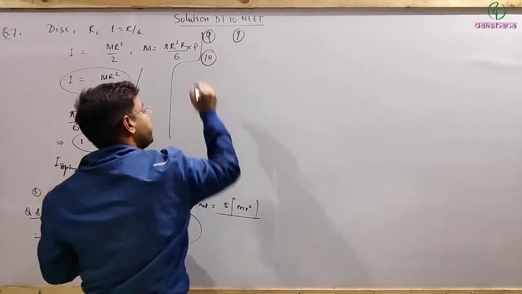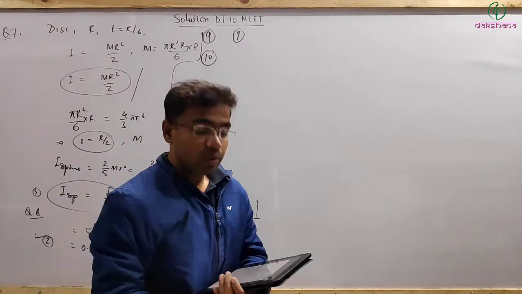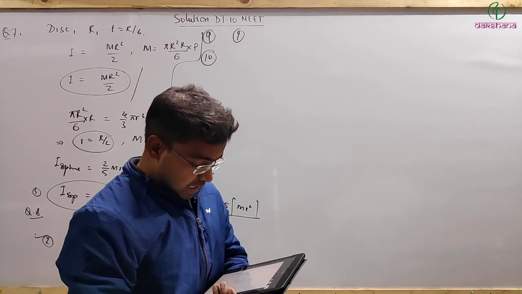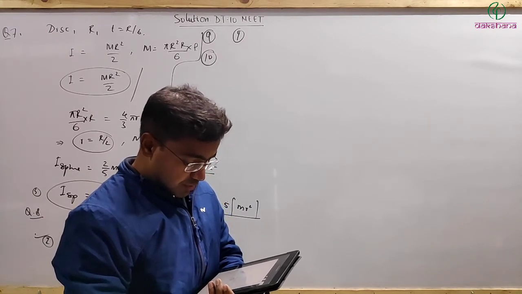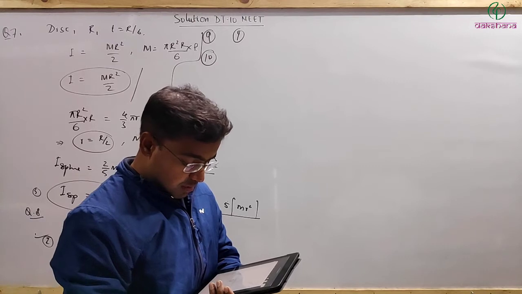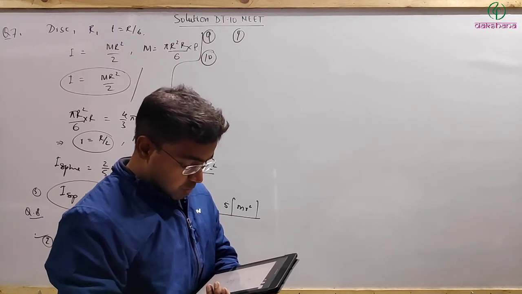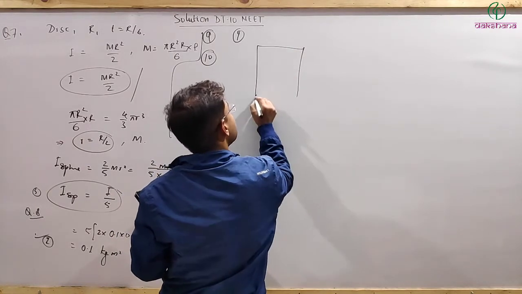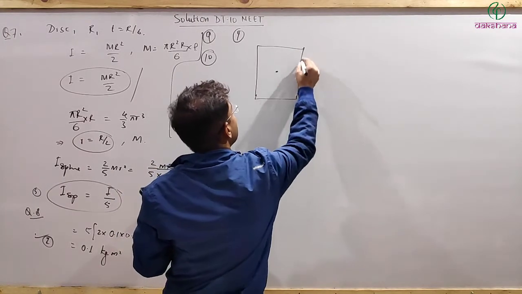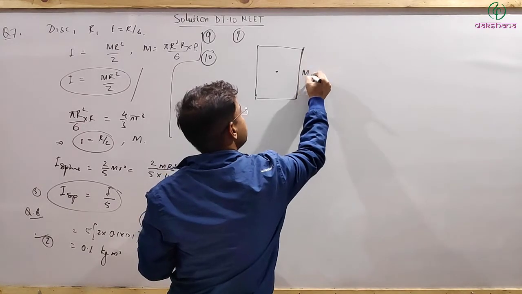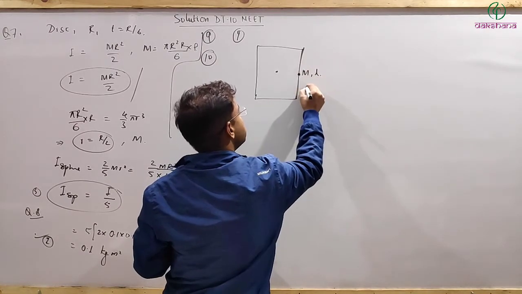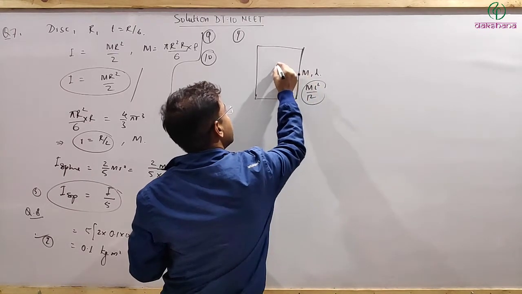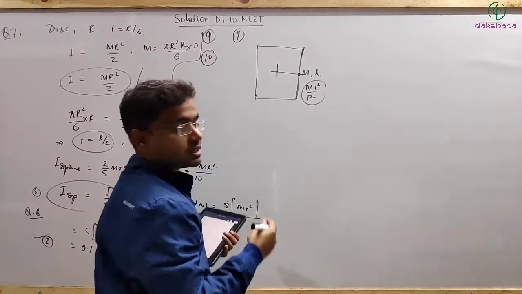Question number 10. 4 thin rods of same mass m and length L form a square as shown in the figure. Moment of inertia of this system about an axis through center O and perpendicular to its plane. तो यहाँ पर है अपने पास ये सिस्टम, ठीक है, तो अपन क्या करते हैं यहाँ पे एक रॉड जिसका मास m and लेंथ l है, इसके अबाउट मोमेंट ऑफ इनर्शिया m l square by 12, by parallel axis theorem.